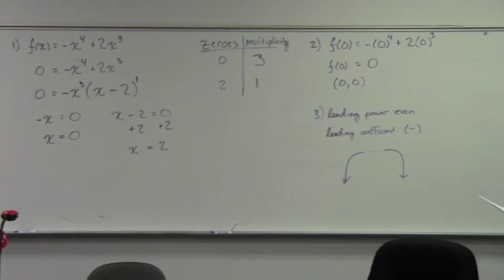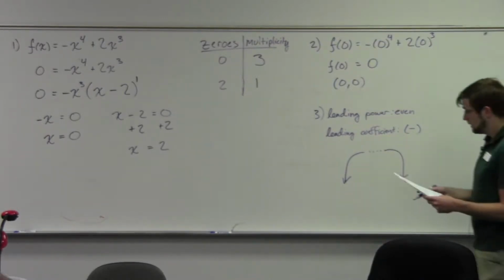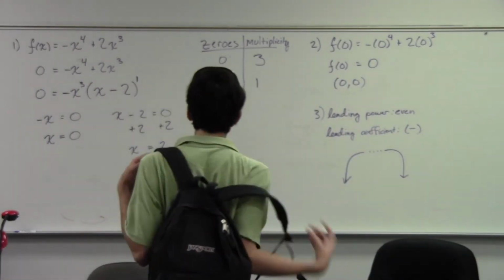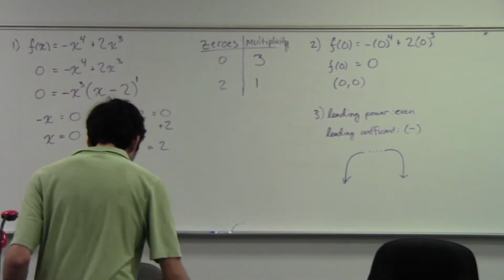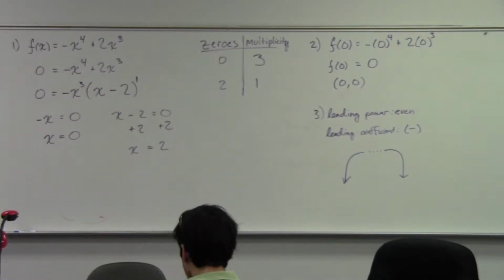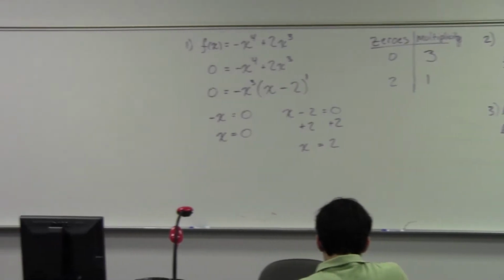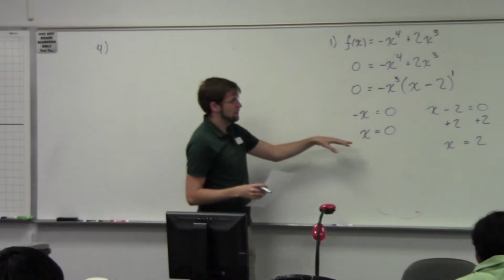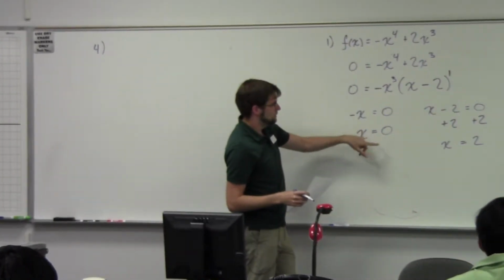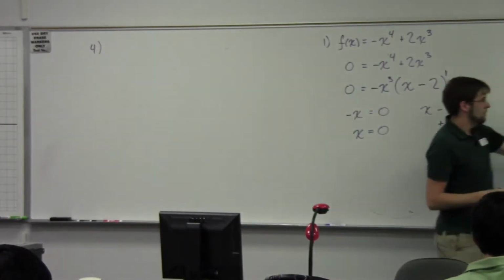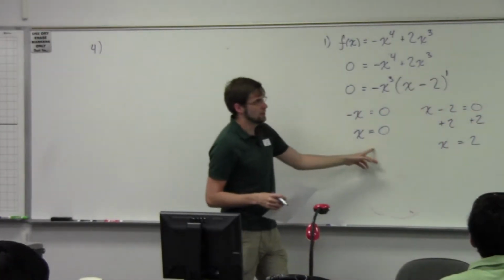Yeah, I think I'm going to be using the whole board for this. All right. So the next step, and the last step before we graph it, is I want to find some additional values just to help me sketch the graph. The points I have are the x-intercepts at 0 and 2. I have a y-intercept at (0, 0), but that's the same as this point right here.